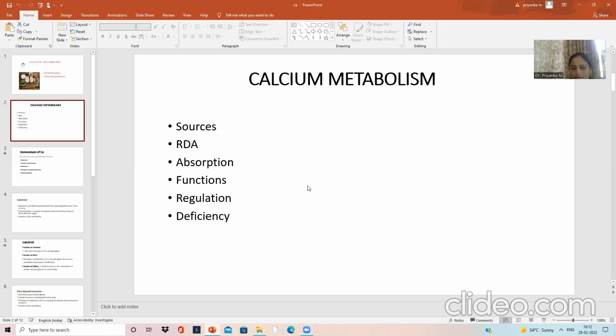The serum calcium is 9 to 11 mg per deciliter. What happens if the concentration increases above 11? It results in hypercalcemia. If it is below 9, it results in hypocalcemia. Both are dangerous conditions.